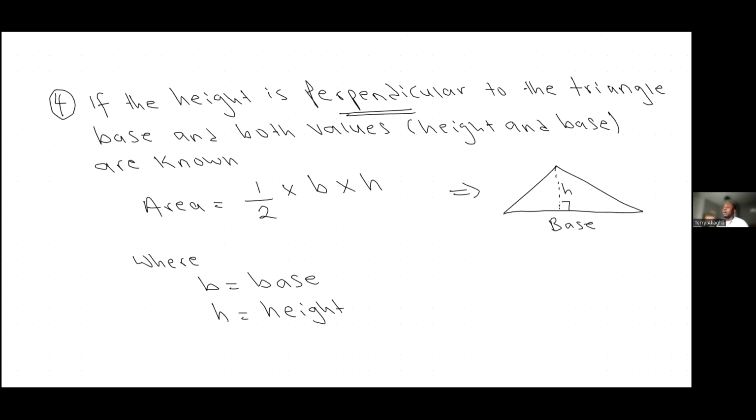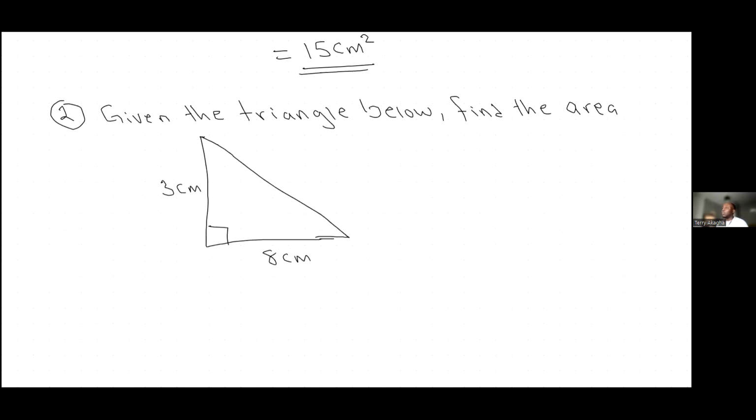So in this case, the height is equal to what? 3 centimeter. And the base, which was given, is equal to what? 8 centimeter. So based on this, I can find the area.